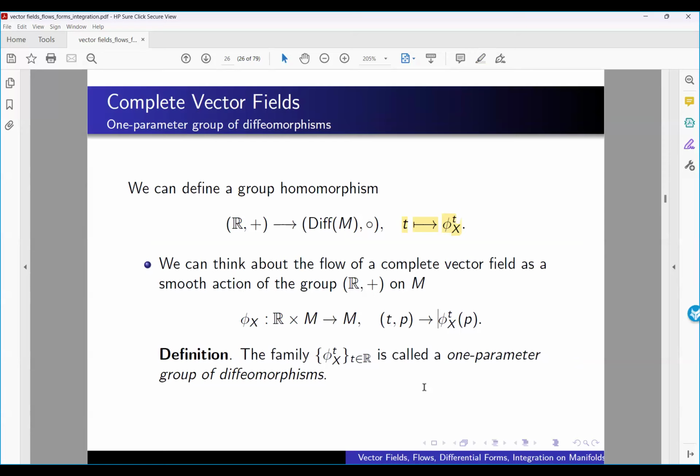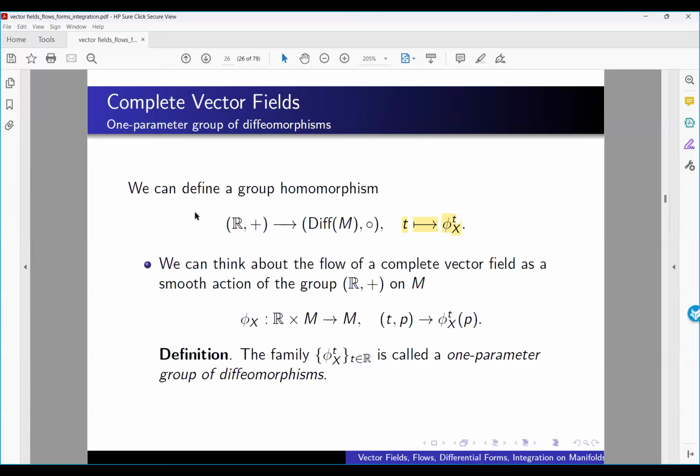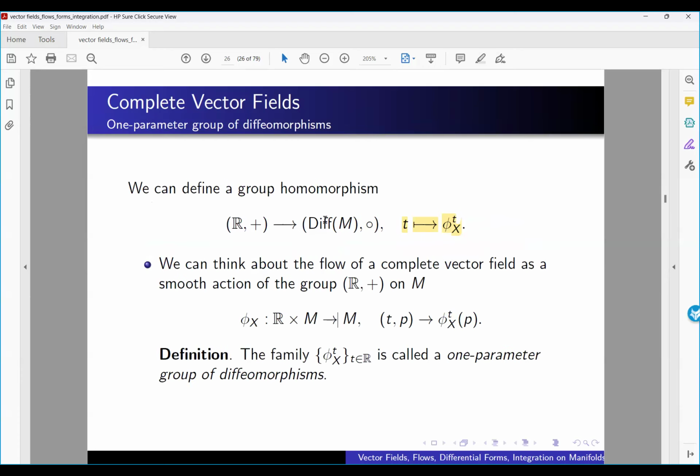So this relation is precisely why we have this: you see, s plus t takes us into the additive group R, and the composite here tells us that we have the composite as the operation.